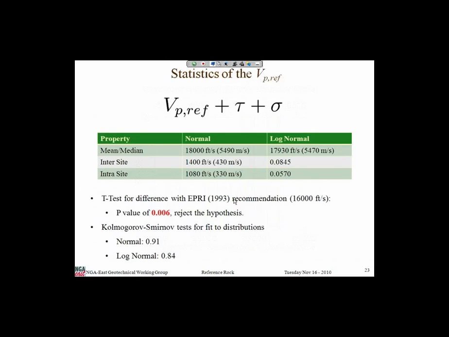And this is now the P-wave velocity variation, and again we did a t-test on the data for the EPRI recommendation of 16,000 feet per second, and again we end up rejecting this hypothesis. We'll have to decide again if this is how we want to go or not.